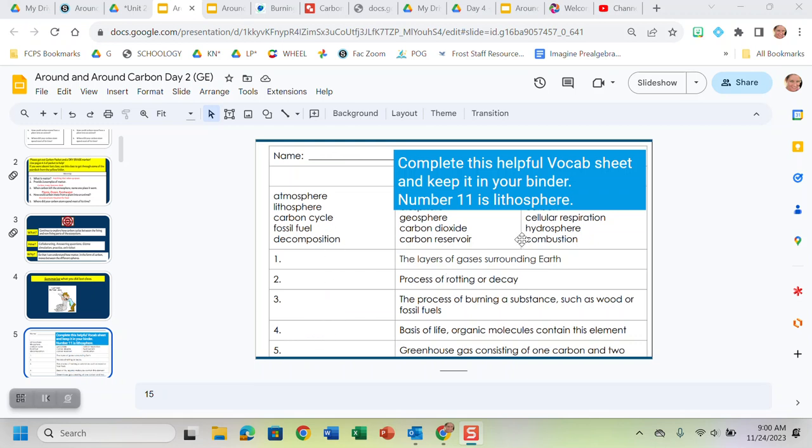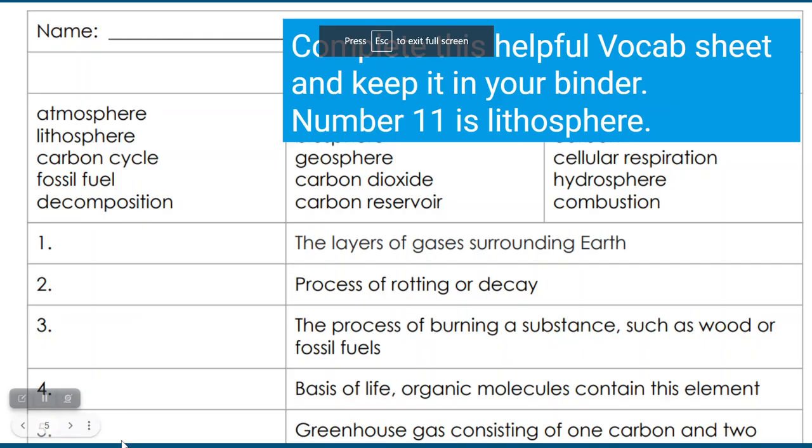I gave everybody that answer. Everything else you're pretty familiar with. Remember, a carbon reservoir is a carbon pool, or kind of a big bucket where we can find carbon that is either being stored or it can be released from that reservoir as well. All right, so back to slideshow.